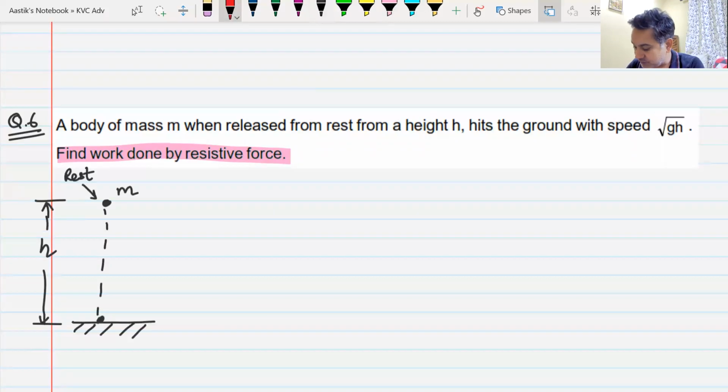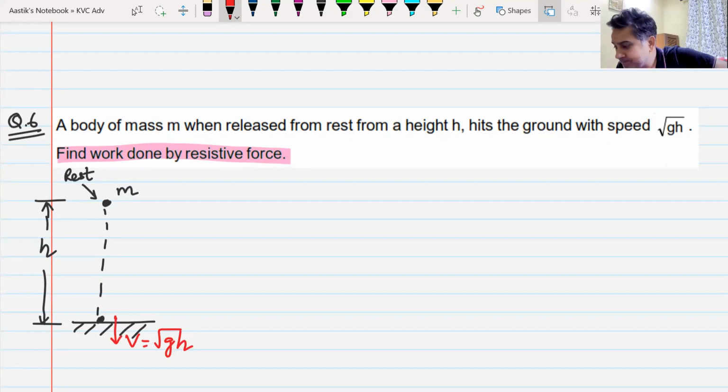The velocity with which it falls is root over gh. How will you do it? Tell me. What concept have you applied? Can you tell me that? Work energy theorem.